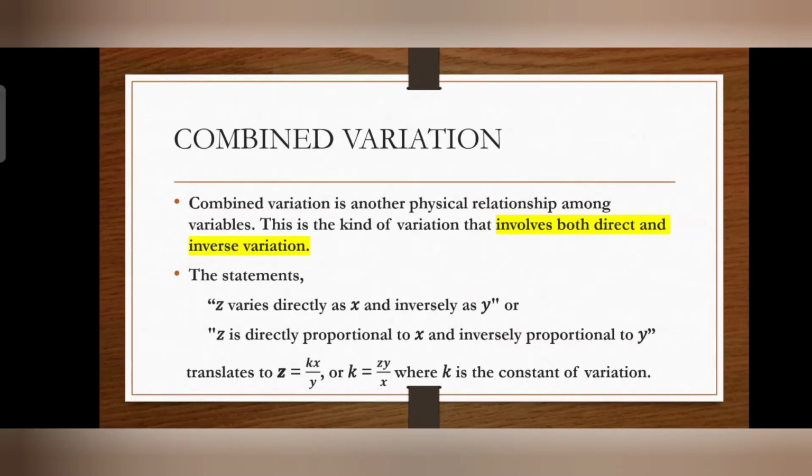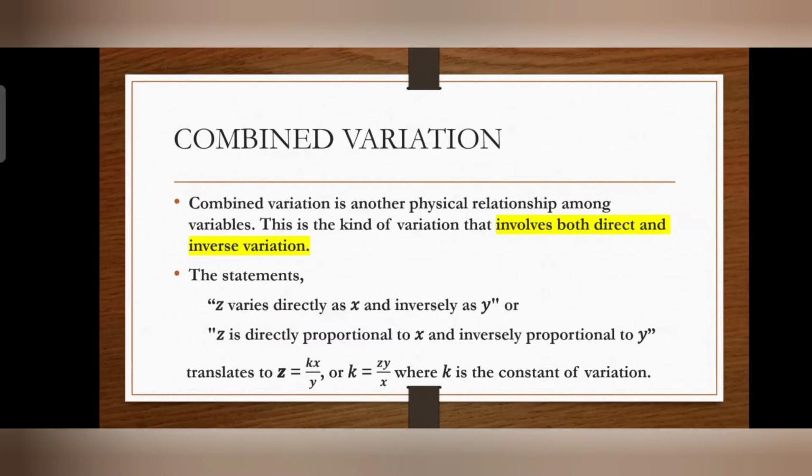Or pwede nyo siyang i-translate ng ganito, k is equal to z times y over x. Bakit naging ganyan? Ang gagawin mo lang is cross multiply lang z, ito, tingnan nyo yung white ha, z times y, then kx times 1, di ba?